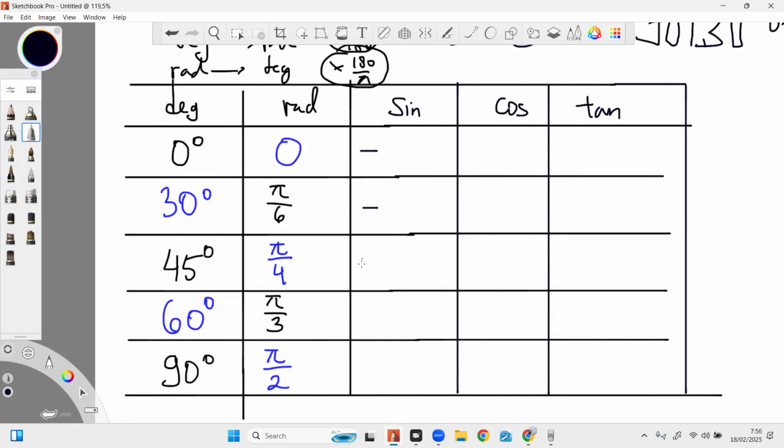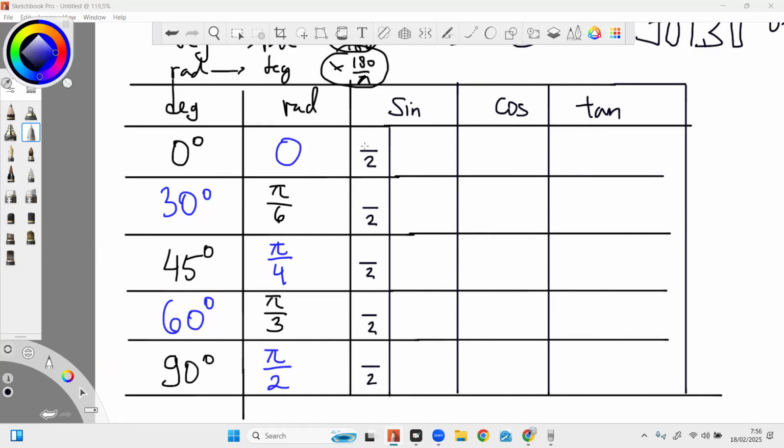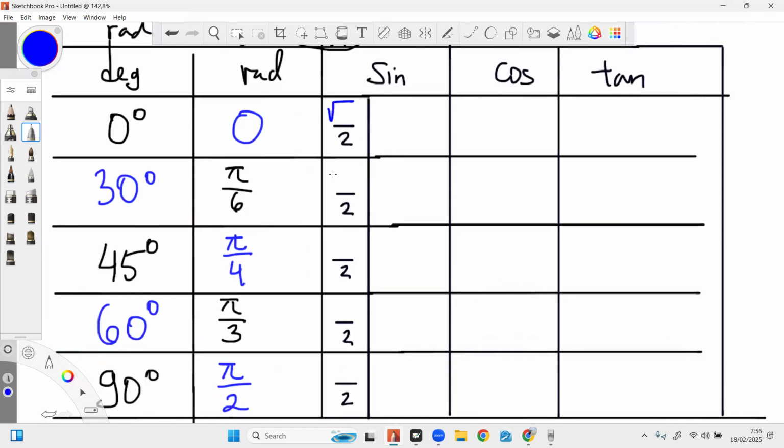Put the fraction. So this is the simple way. Put 2 below. Now what is changing is the roots, the square root. Put square root, make it easy.